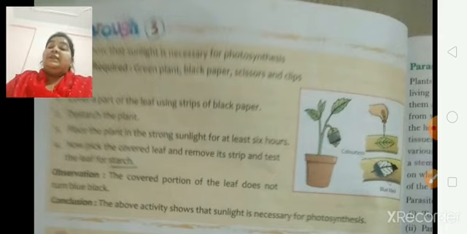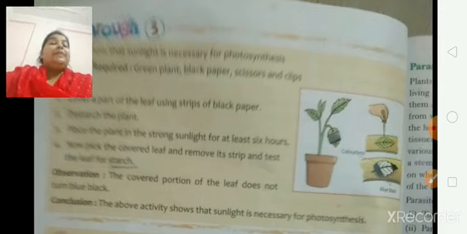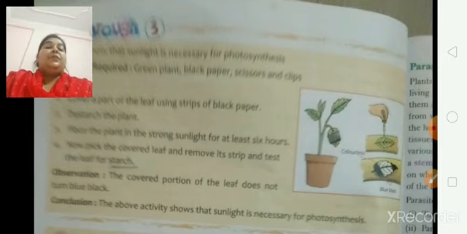First we will take a plant, and here also we will cover a portion of a leaf with black paper and discharge the plant by keeping it in a dark place for a few hours.